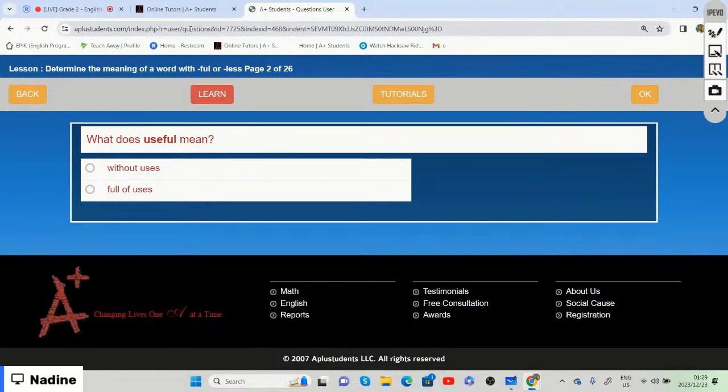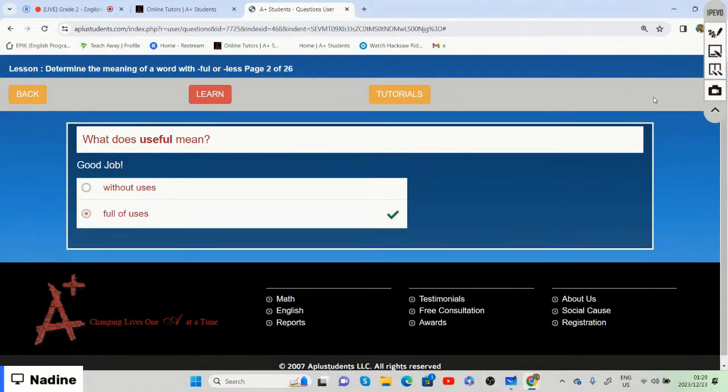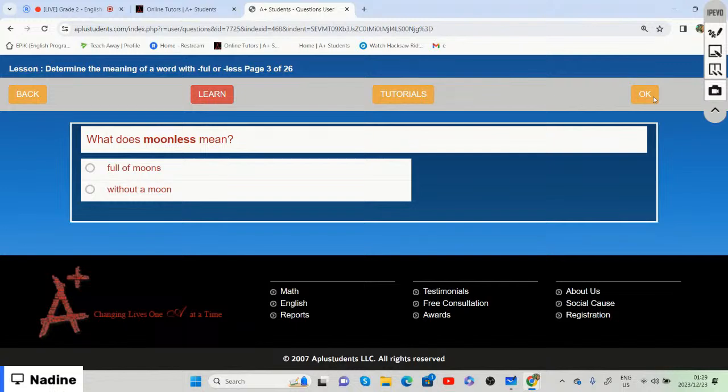Remember we said the word full means full of, so we can say it is full of uses, and that is useful.